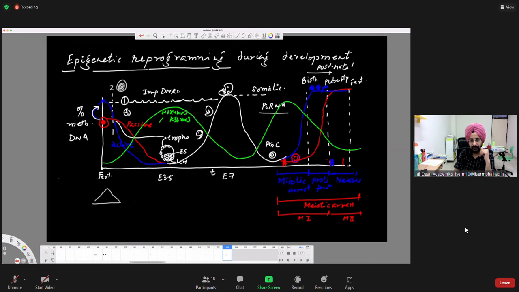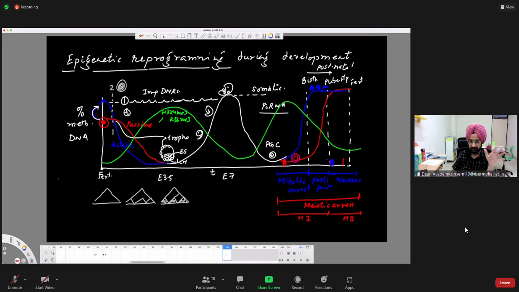So tags will start appearing after some time, and they are really resolved during 3 to 4 days post fertilization. They become much stronger. So that's what is known during development.